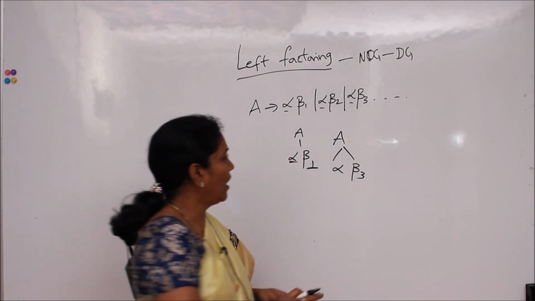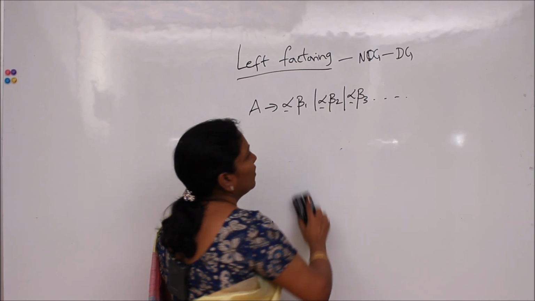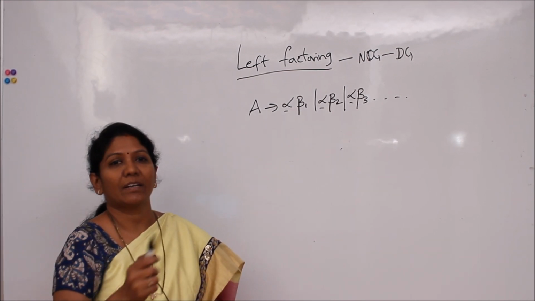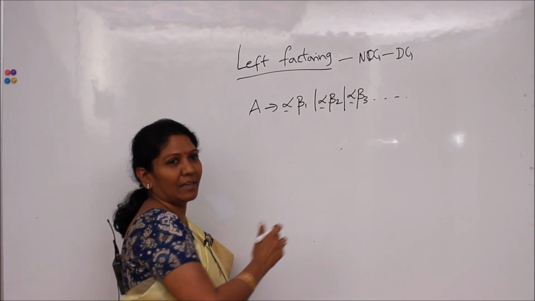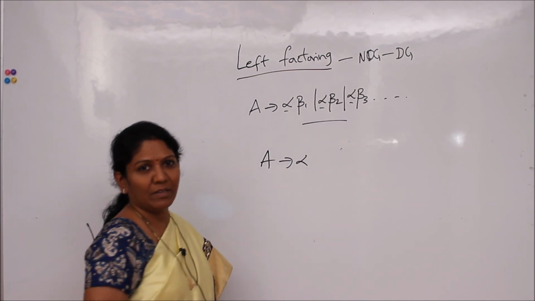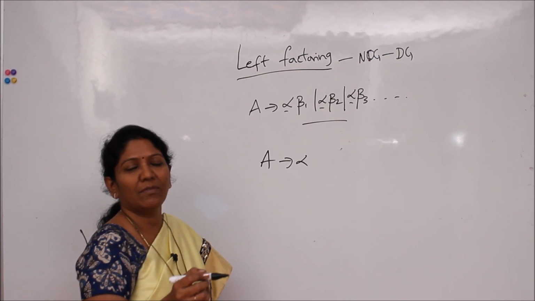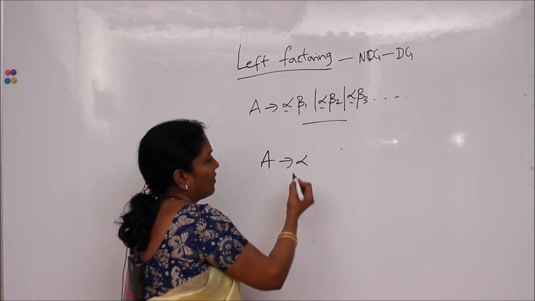So let us see how we convert this non-deterministic grammar to deterministic grammar, or how we left factor the given grammar. The process is very simple. Rewrite the grammar. While rewriting, take out that common prefix, and whatever is left out in the remaining grammar, define that with some other non-terminal. So I will take out the common prefix alpha here.